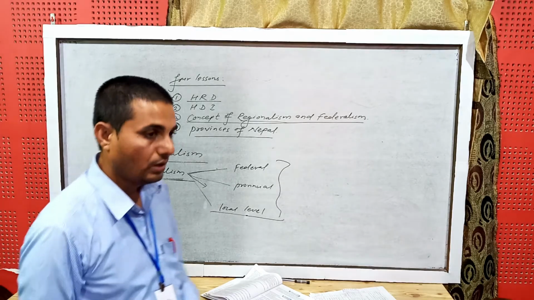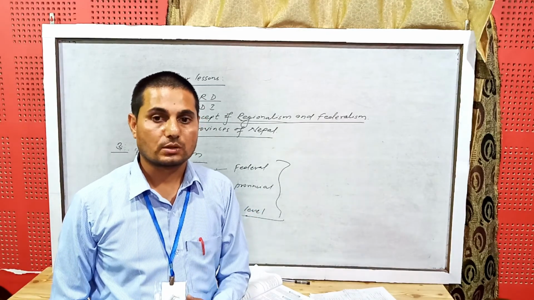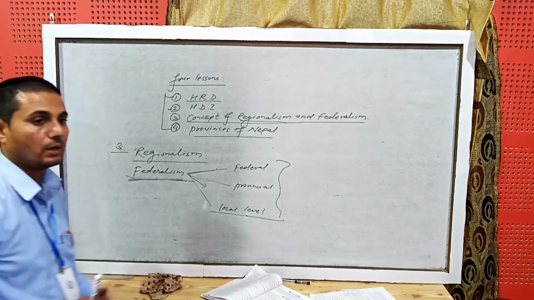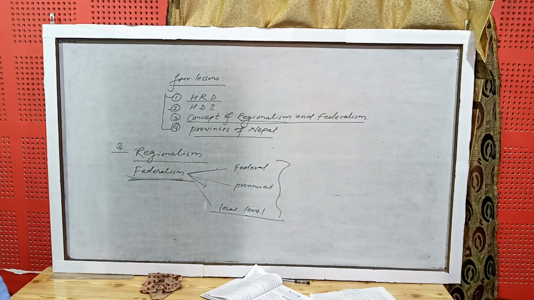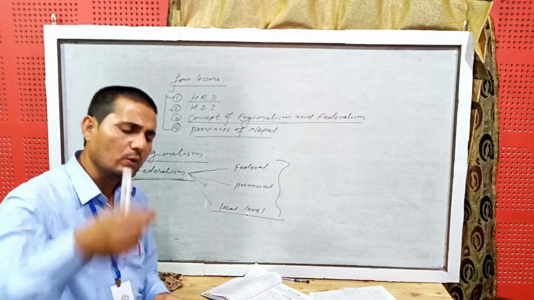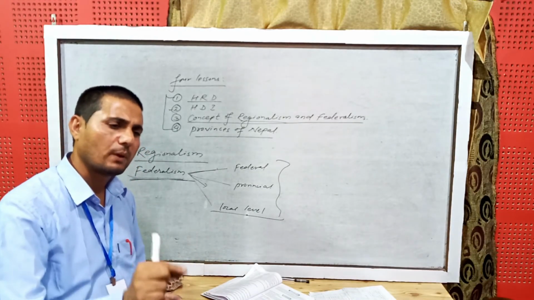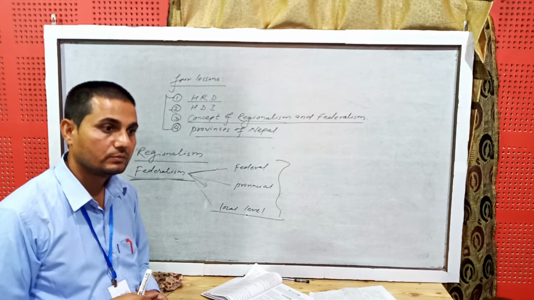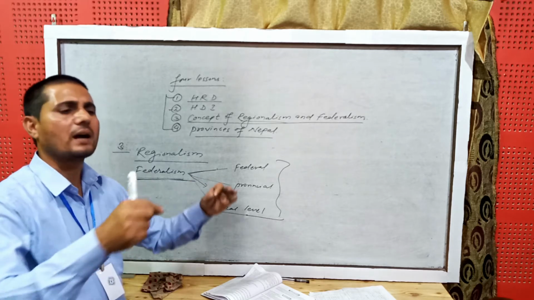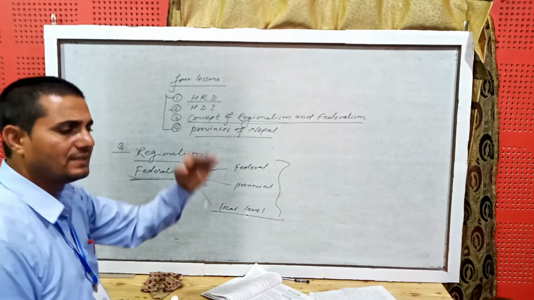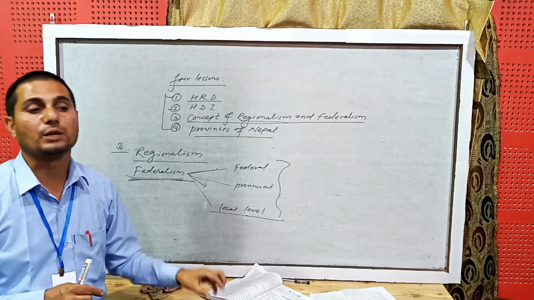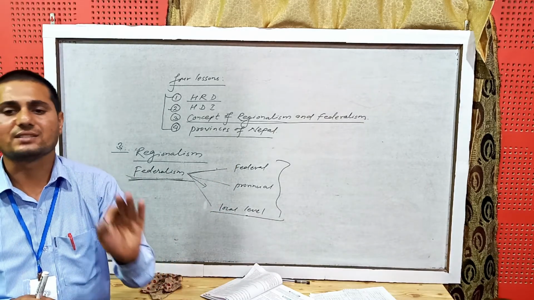Students, from this lesson, mainly questions like what is federalism, what is regionalism, when was Nepal declared as a federal republic democratic country, what are the advantages of federalism, what are the disadvantages of federalism. Such questions are asked as very short answer questions.